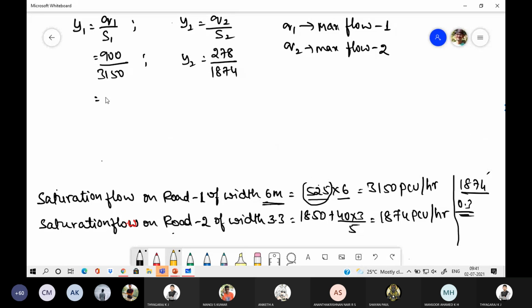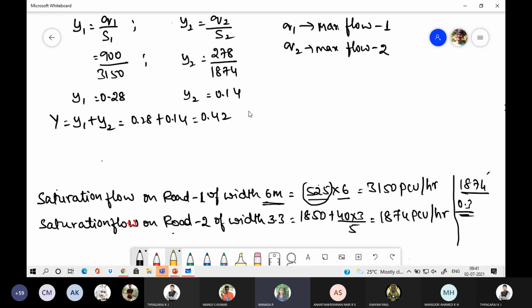Then Y2 is 0.14. Now calculate Y. Y is equal to Y1 plus Y2, so 0.28 plus 0.14 is 0.42.